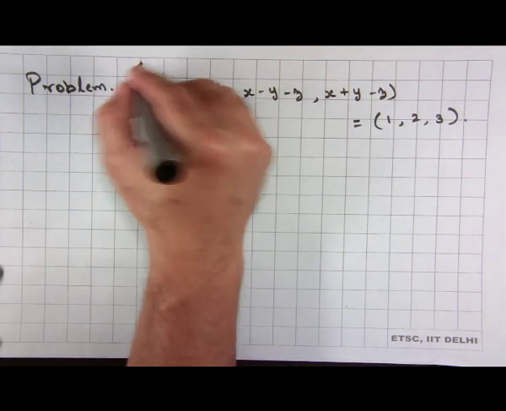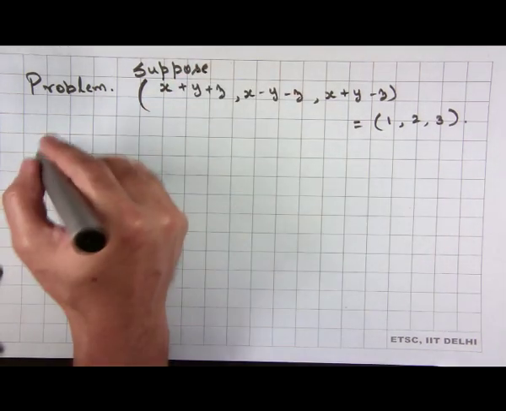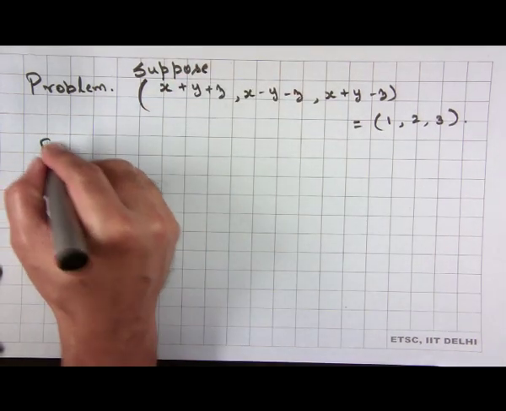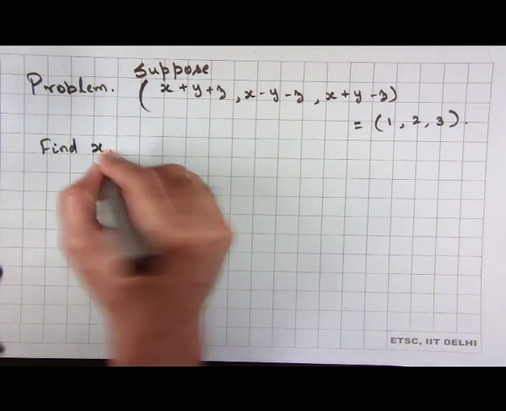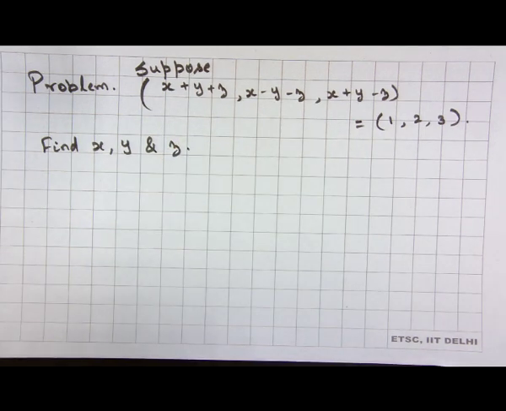Suppose this is what is given to us. Find x, y and z.